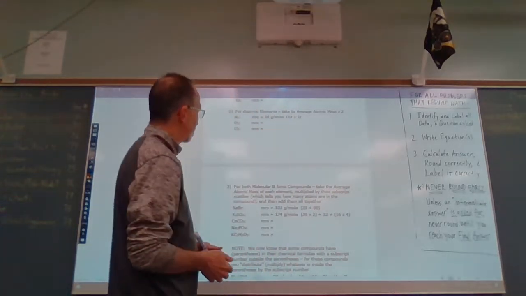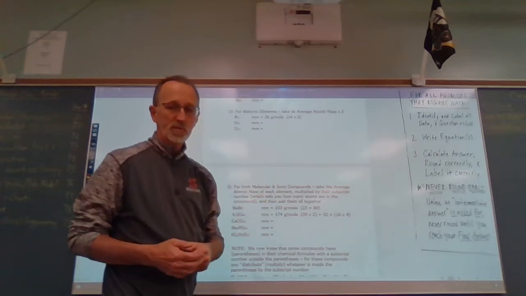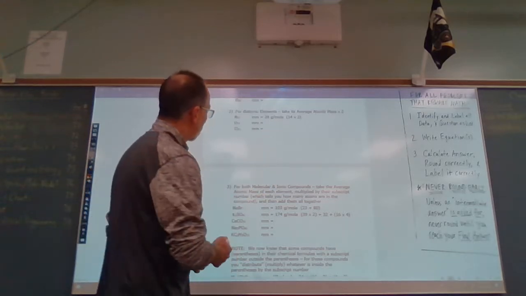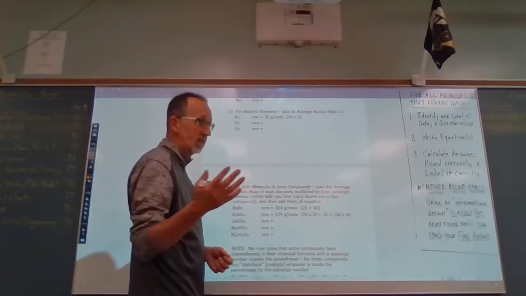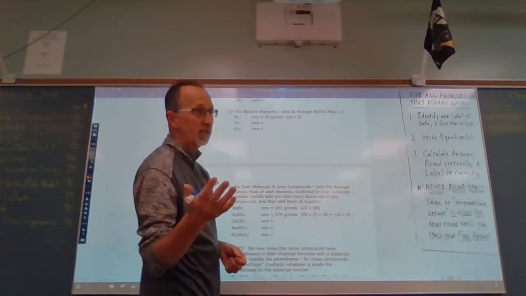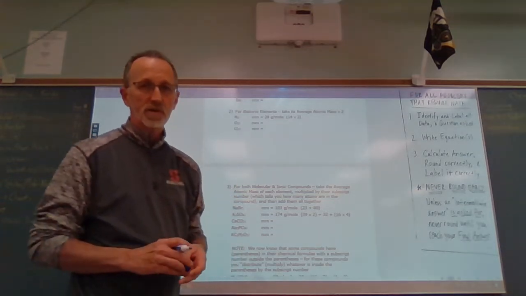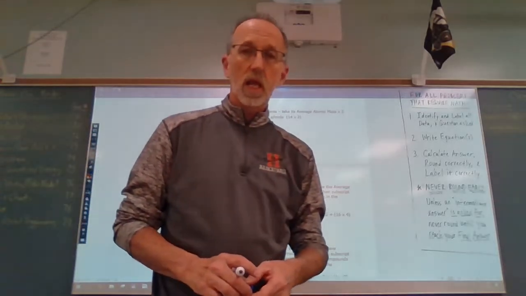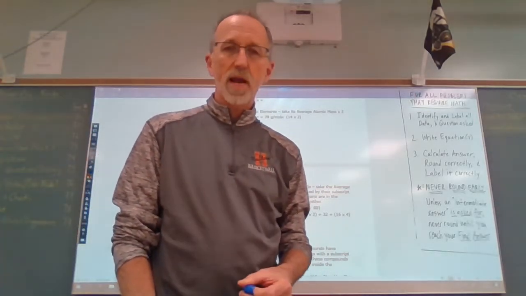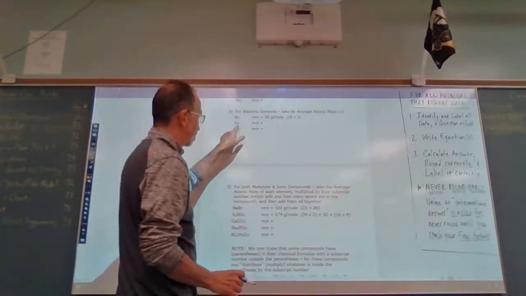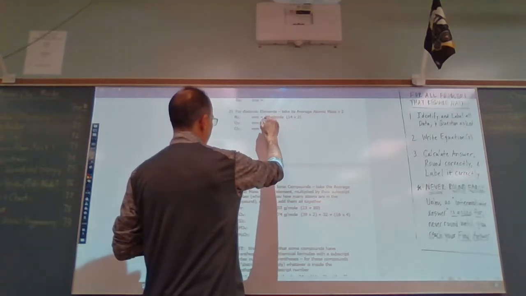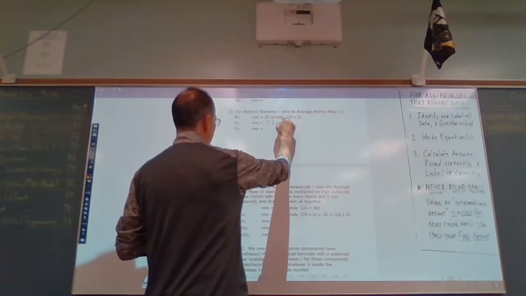Then the molar mass of N2 would be 28 grams per mole. For oxygen, it's 15.99 or 16.00, depending on what periodic table you have. Either way, that rounds to 16, and since there are 2 of them, 16 times 2 would be 32 grams per mole.